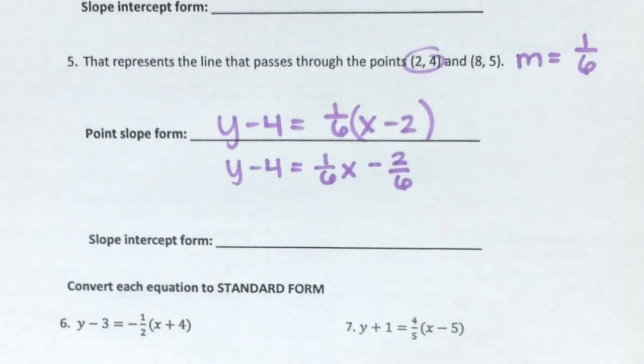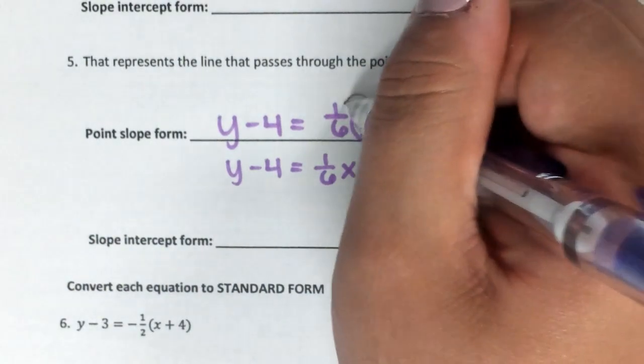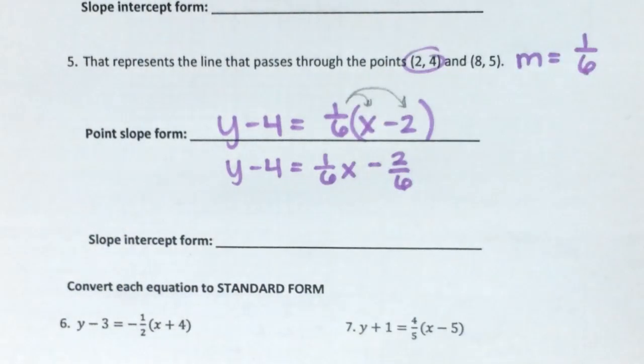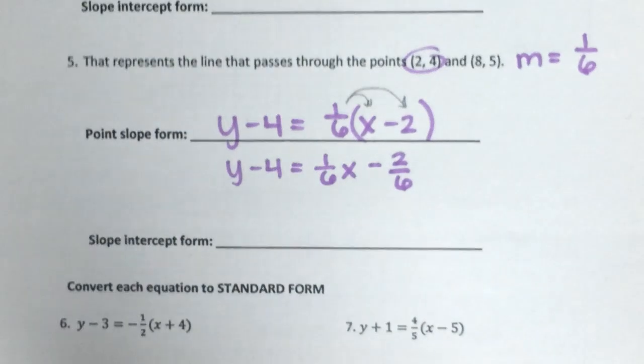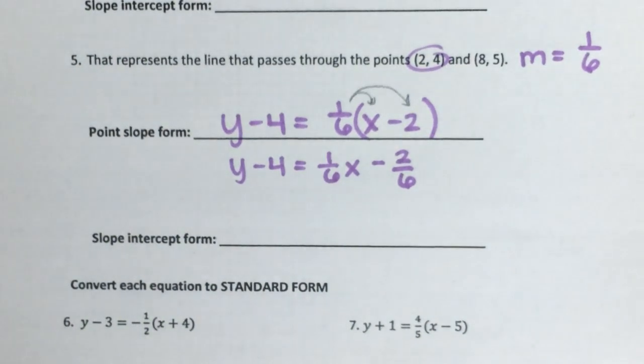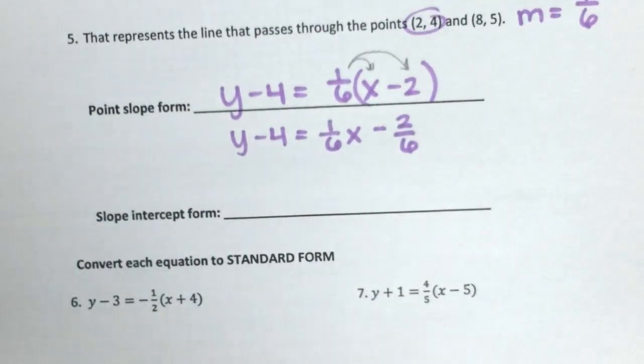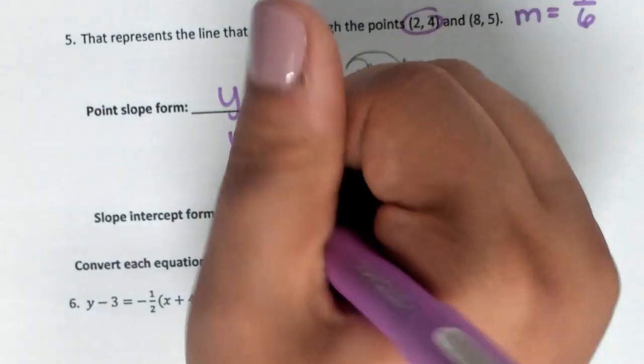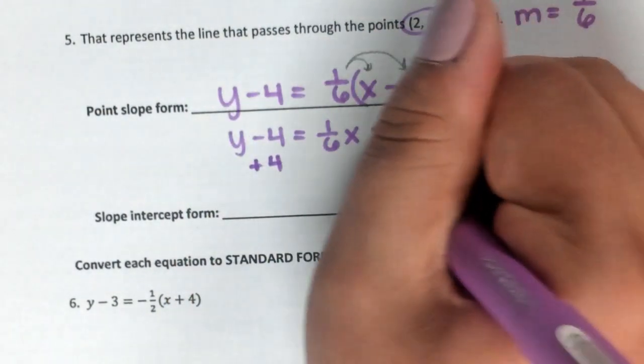I want to get y by itself. If we were going standard form, you'd multiply everything. We are not going standard form. I got to get y by itself. What do I do? Add 4.